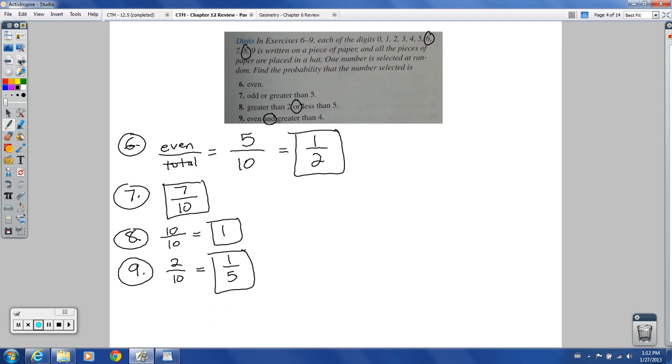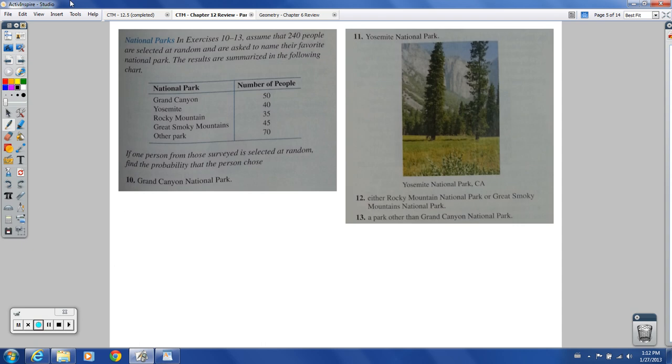Okay, let's check out numbers 10 through 13. They're all using this table here. In exercises 10 through 13, assume that 240 people are selected at random and are asked to name their favorite national park. The results are summarized in the following chart. If one person from those surveyed is selected at random, find the probability that the person chose, number 10, Grand Canyon National Park.